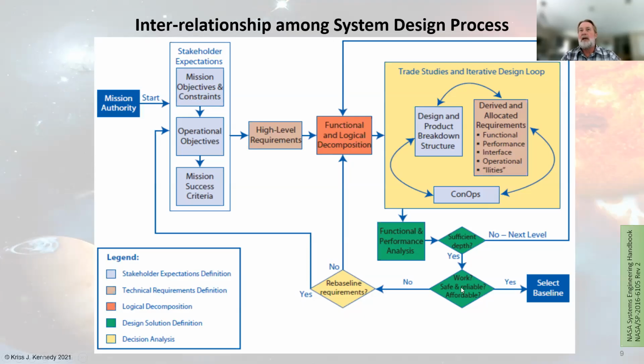Or you will go on to the next level and say, well, is there more work to be done? Is this safe? Is it reliable? Is it affordable? All part of the analysis, in which you can then say, well, we need to reassess our requirements and rebaseline them and start over and challenge some of the previous assumptions and requirements, or you're done to this point and you go ahead and baseline it.